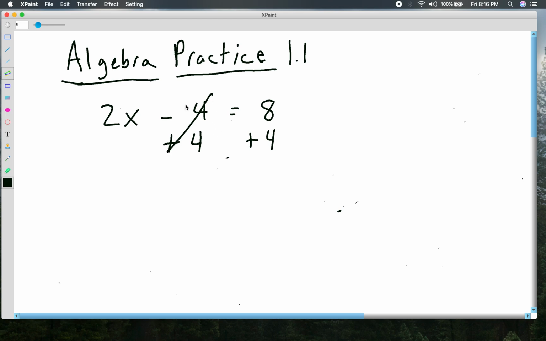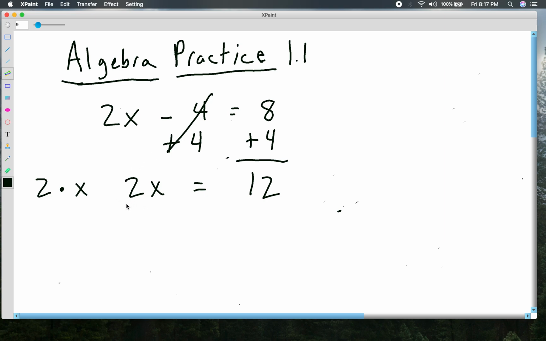These cancel out because negative 4 plus 4 gives you 0. 8 plus 4 gives you 12. But now we have the 2x that comes down. 2x equals 12. Well, what do we do here? Remember, 2x is the same as saying 2 times x, right? Because if you don't put anything in between, you assume multiplication.